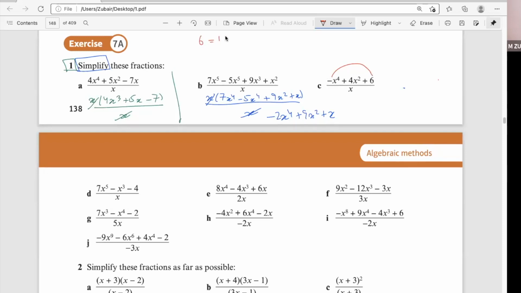So 6 is either 1 into 6 or 2 into 3. So 1 into 6 plus minus, we don't get 4. 2 into 3 is 6 plus minus, we don't get 4. So we'll go into splitting. x^4 by x plus 4x square by x plus 6 by x. So this is negative x cube plus 4x plus 6 by x. This is your answer.